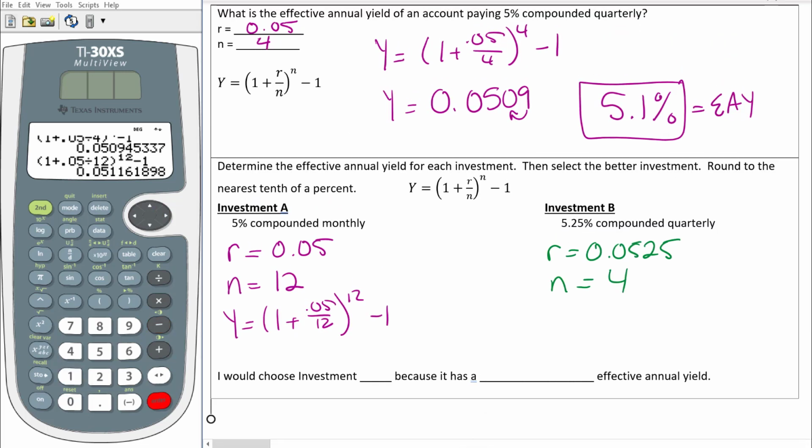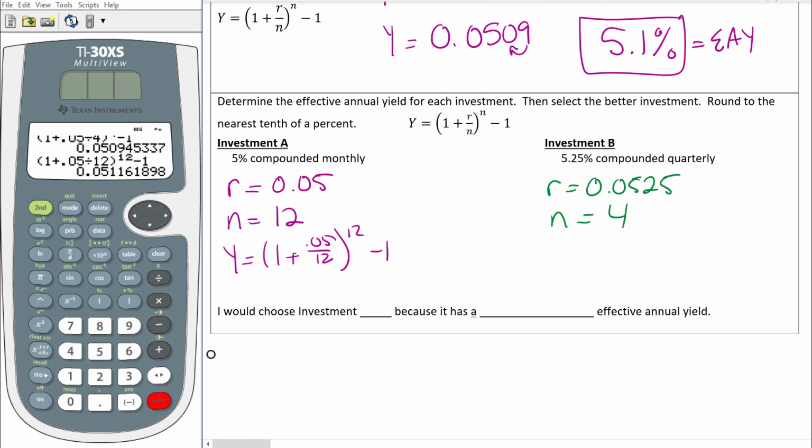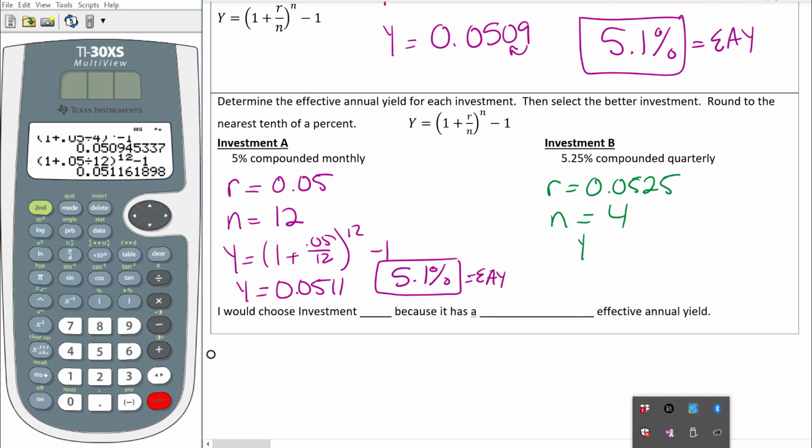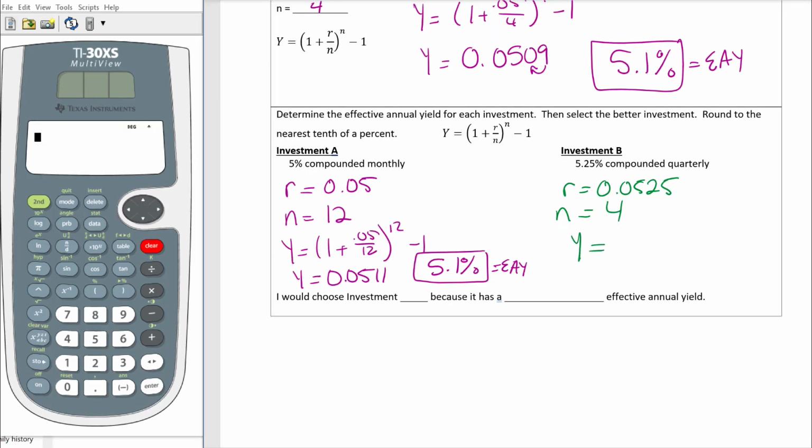That gets me 5.1% for the effective annual yield. All right, for investment B, I'm going to do the same. So we have y equals 1 plus 0.0525 over 4, raised to the 4, minus 1.